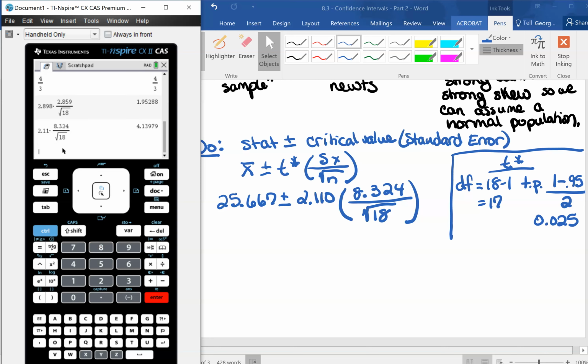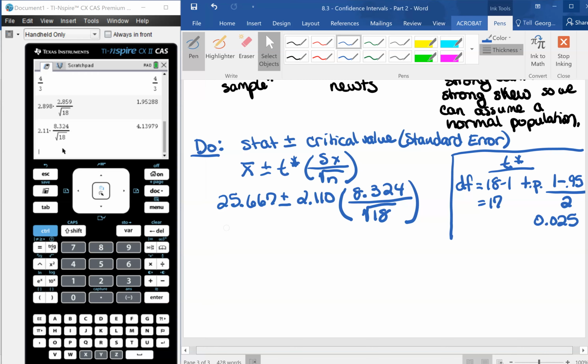There we go. Okay, so we get 25.667 plus or minus 4.140. And when we do our math, that's going to come out to be 21.527 to 29.807.